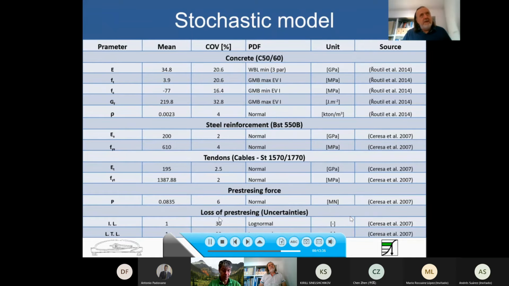So all these random variables were considered in stochastic model in statistical analysis and for sensitivity analysis. And the probability distribution function has been extracted from experimental tests and from the literature measurement.